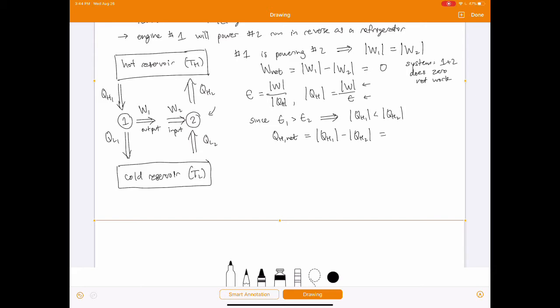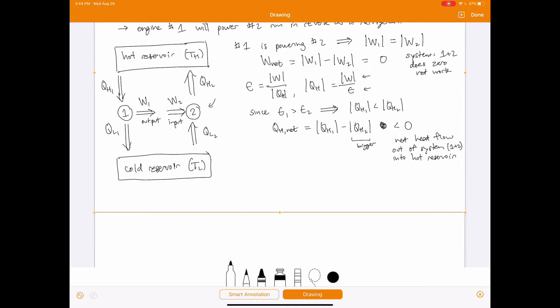And again, since QH2 is bigger than QH1, this is going to give us something negative, okay? Because you have one number minus another, where this one is bigger, that gives you something negative. And this is saying there is a net heat flow out of the system, again, that's just 1 and 2 together, into the hot reservoir. Okay, that's what we have.